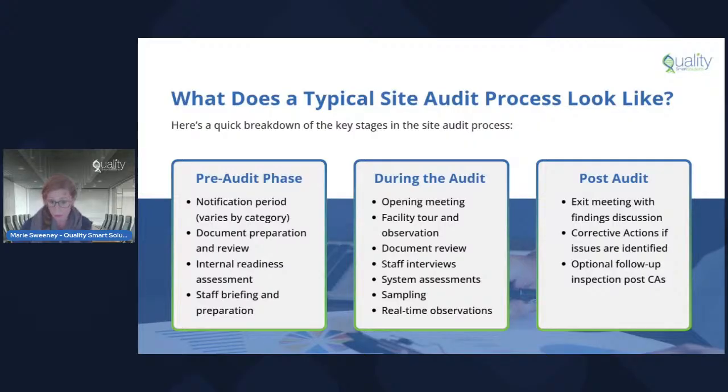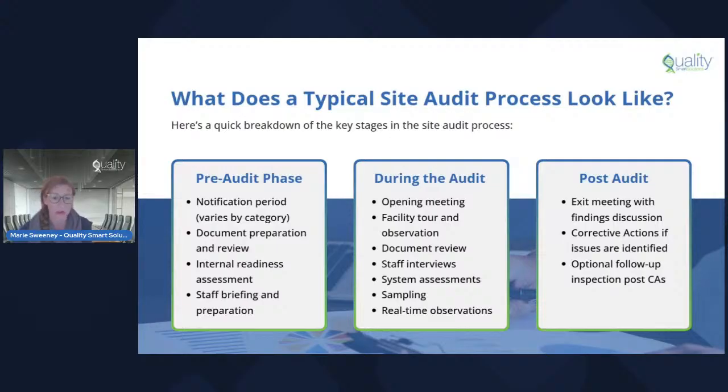They are going to take a look at your supplier checks and material controls, equipment calibration and maintenance, staff interviews for knowledge and problem solving within their particular roles, system checks for your data integrity and safety security, sampling of your raw materials and finished products, and any real-time observations of production and cleaning schedules.